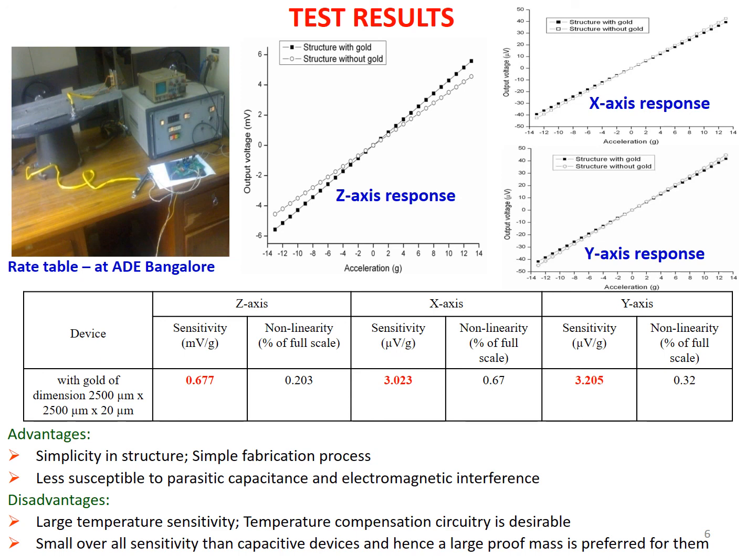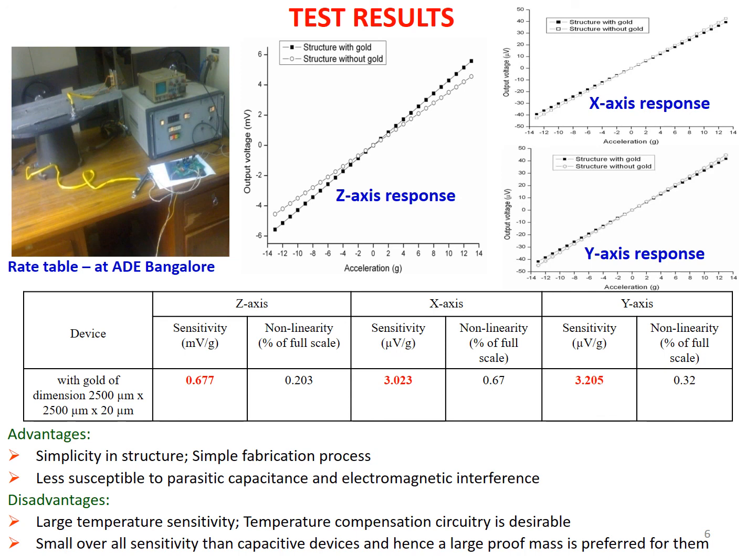Here one point is mentioned: structure with gold and without gold. Here also with gold, without gold. In the piezoresistive accelerometer design we have shown, there is one main proof mass and 4 springs. Sometimes on the proof mass we have to deposit a small amount of gold.